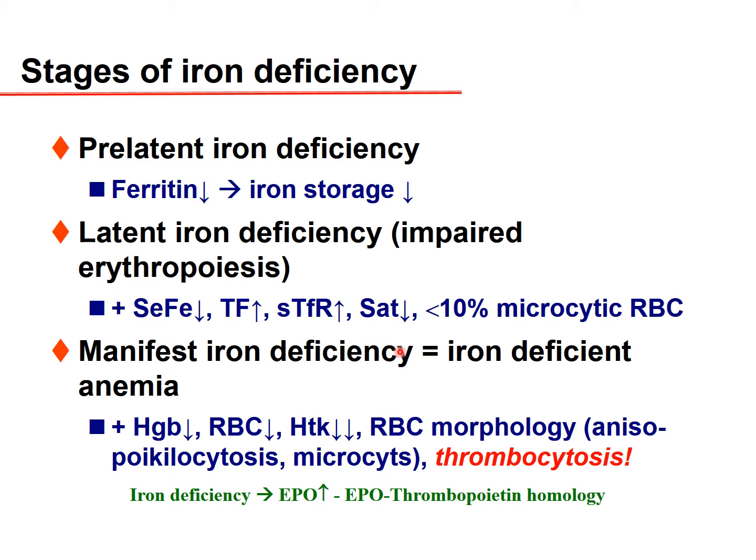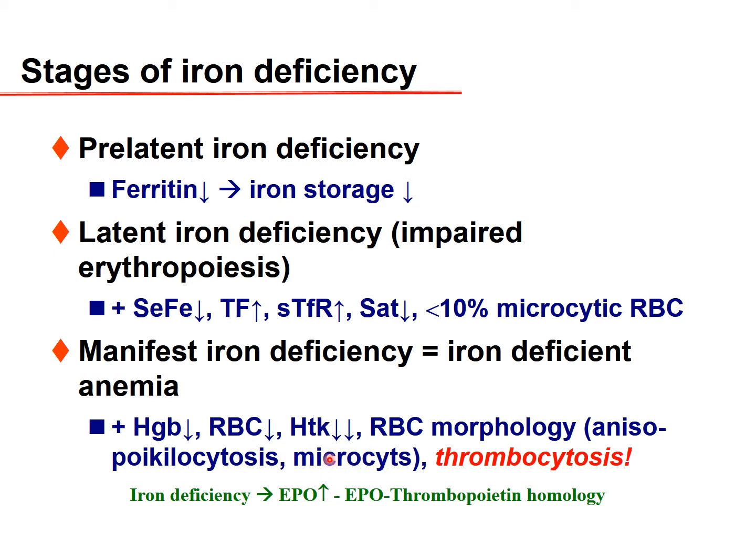Manifested iron deficiency means the iron deficiency anemia. In this case, the hemoglobin decreases, the red blood cell count decreases, the hematocrit decreases, and the red blood cell morphology will alter. That can cause anisocytosis, meaning that the size of the red blood cells varies, or poikilocytosis, when the shape of the red blood cells is altered, or microcytosis can happen.